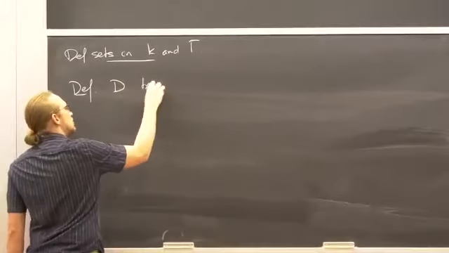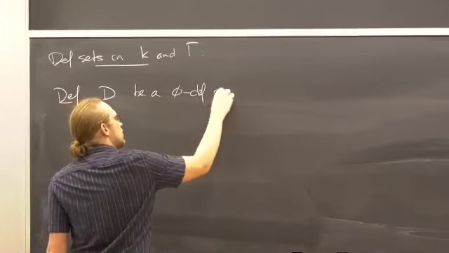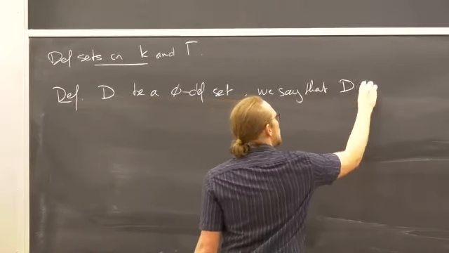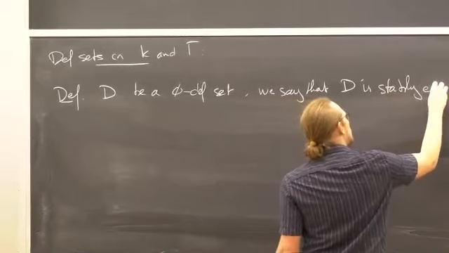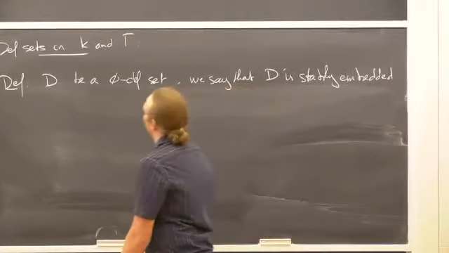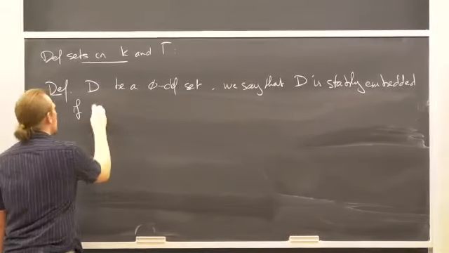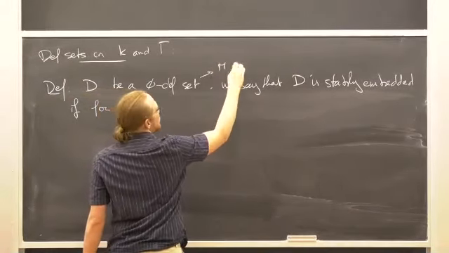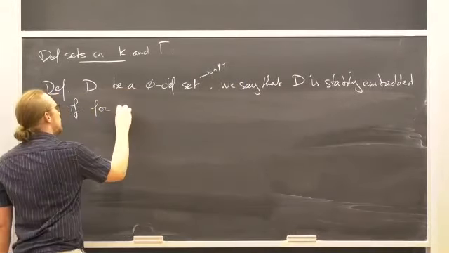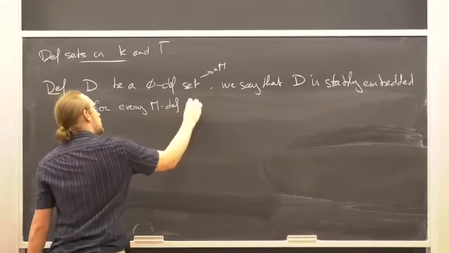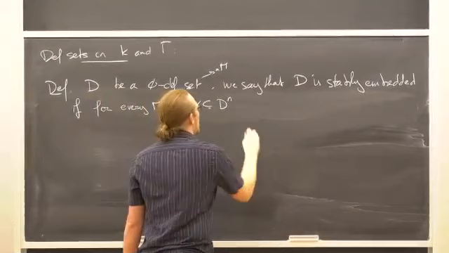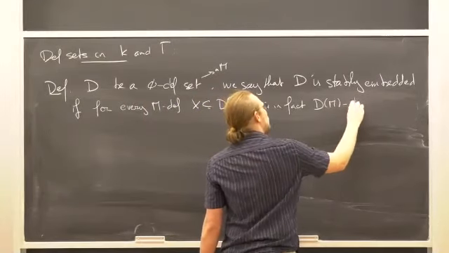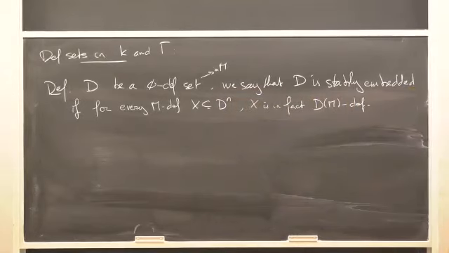So let D be an empty set definable set, and we say that D is stably embedded if, for D in some theory T, in some structure M, for every M-definable X inside of some power of D, X is in fact D-definable.